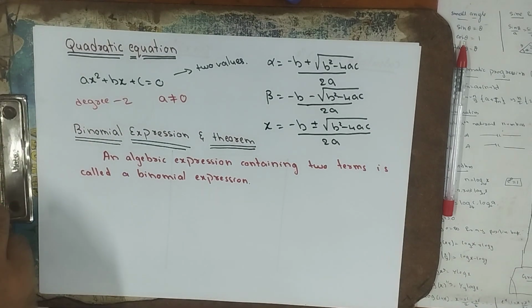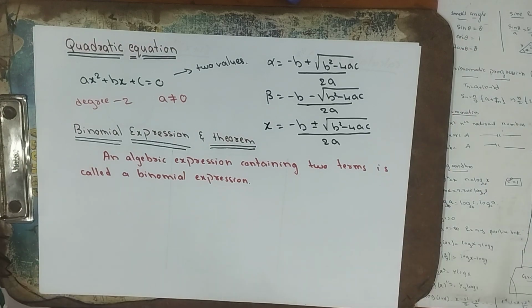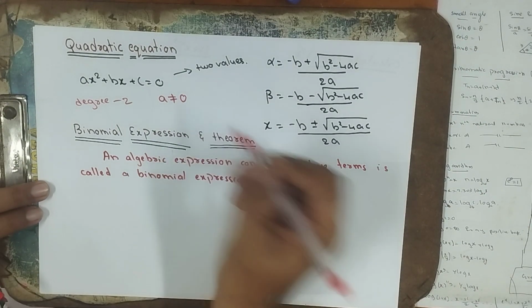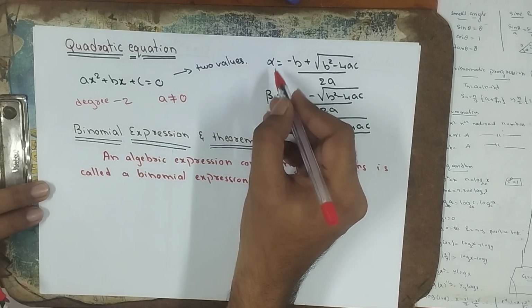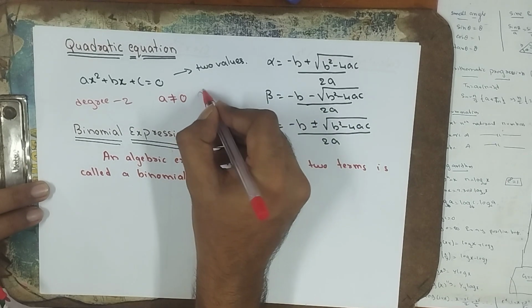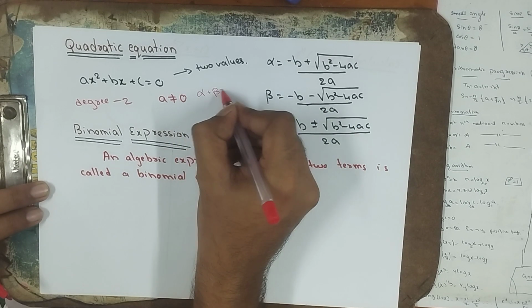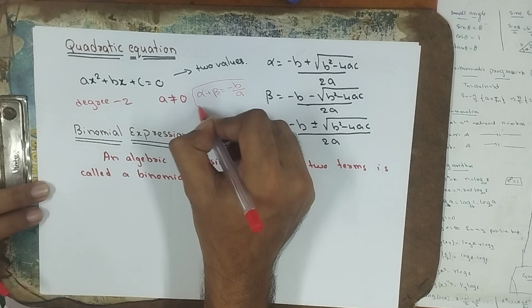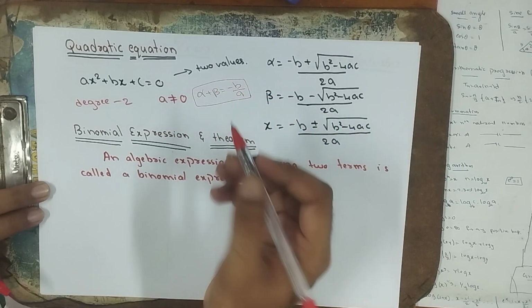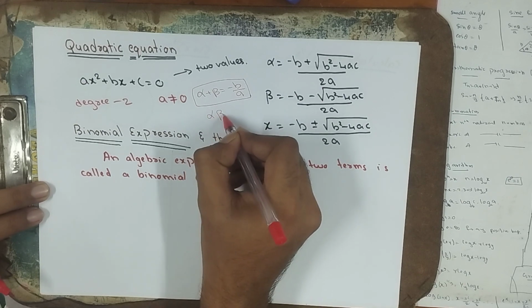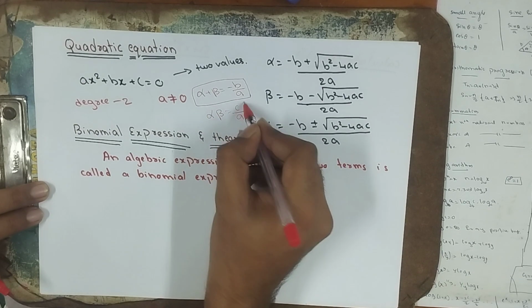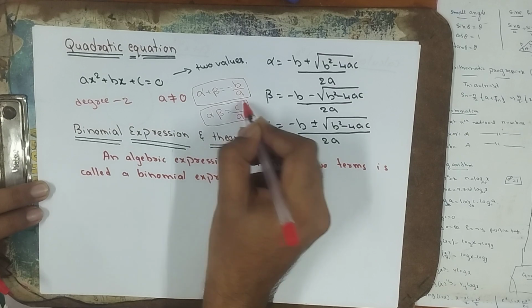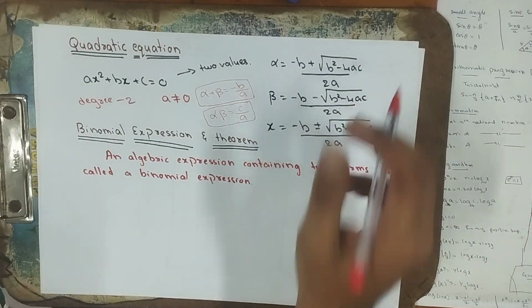Now in this there are a few more things. Sometimes if we want to add both, alpha plus beta, we get the value minus b by a. Small things, you don't need to remember, just observe for knowledge. Now alpha beta is equal to c by a. Just for knowledge, when you add both, what happens?